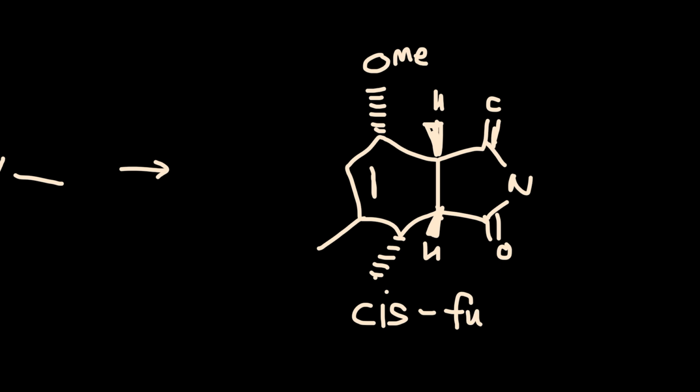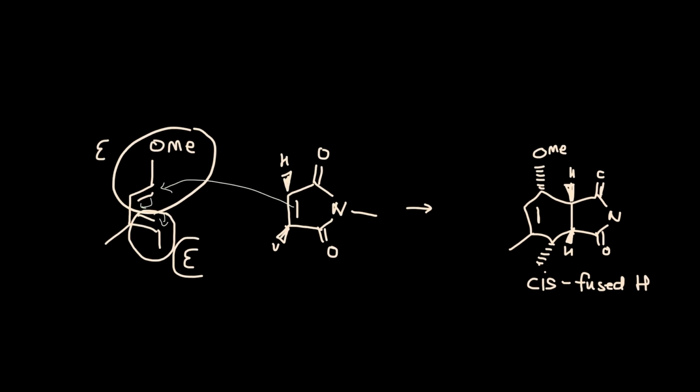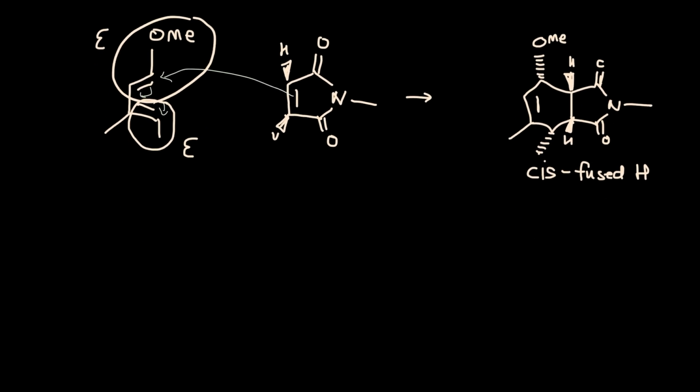So remember cis-fused H. And also the fact that although these are E, so it sounds like they're trans, you would think you should draw one as a dash and the other as a wedge. But no, because these 2 substituents are both E, that means they're on the same side of one another. So that's how you would draw it for this product.